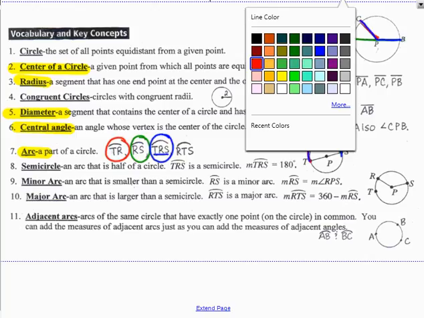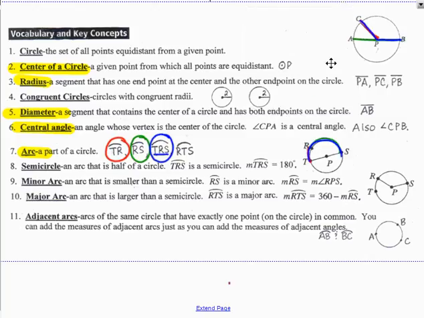Let's go with, I don't know, purple. Okay. So RTS, that means we're going in the direction from R to T through S. So that's starting here, going in the direction of T to S.